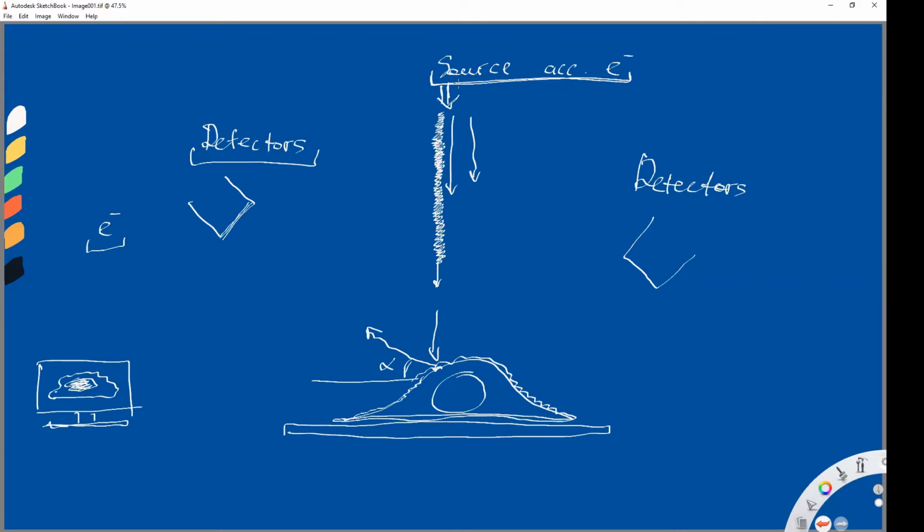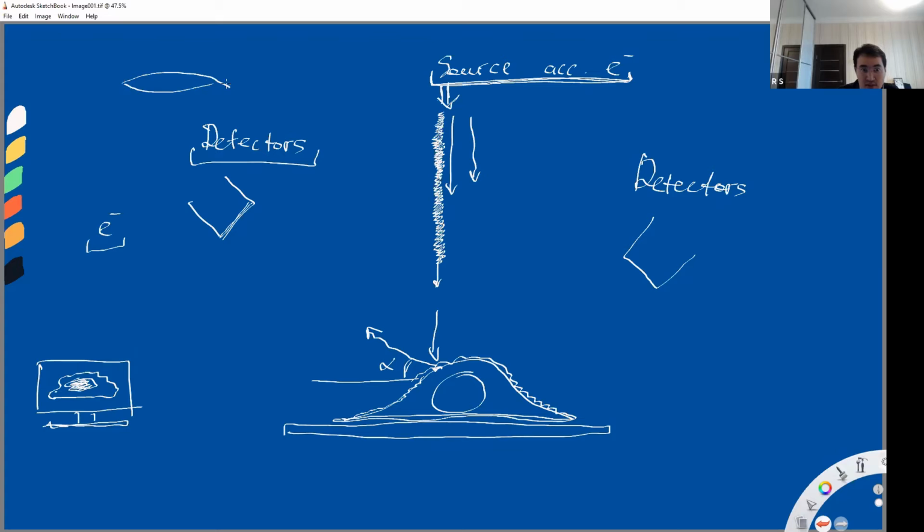Okay, so first of all, they are different in sources. One uses electrons, another uses light. Second, in light microscopy, we use physical lenses made of glass. So it's glass lenses.